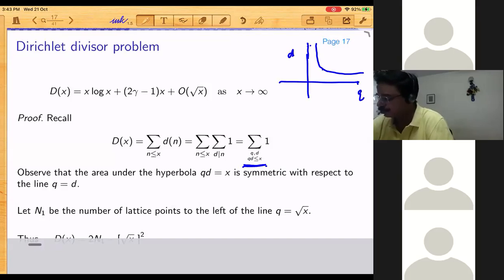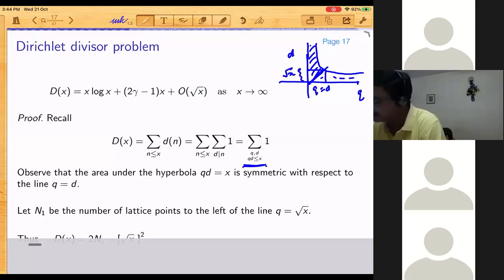So you look at the line q equal to d. Now, the number of lattice points on this is symmetric about this q equal to d line. Therefore, what one does is count. So this length is square root of x. Count the number of lattice points to the left of this line.